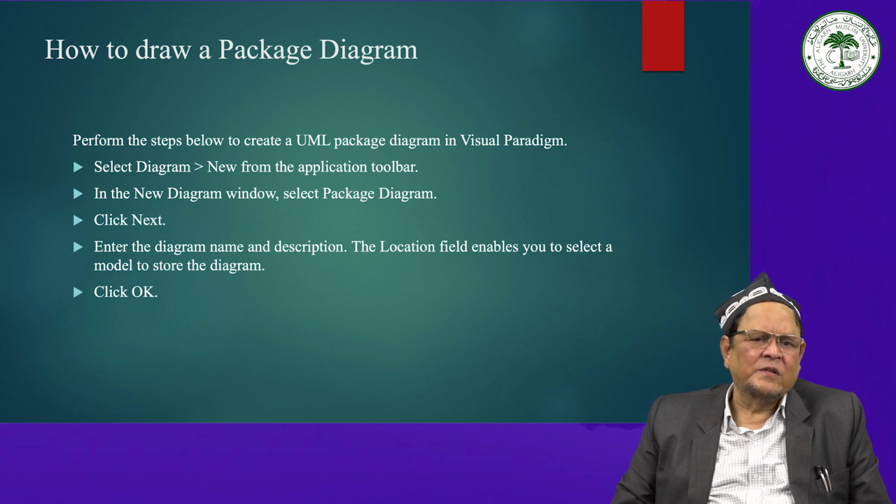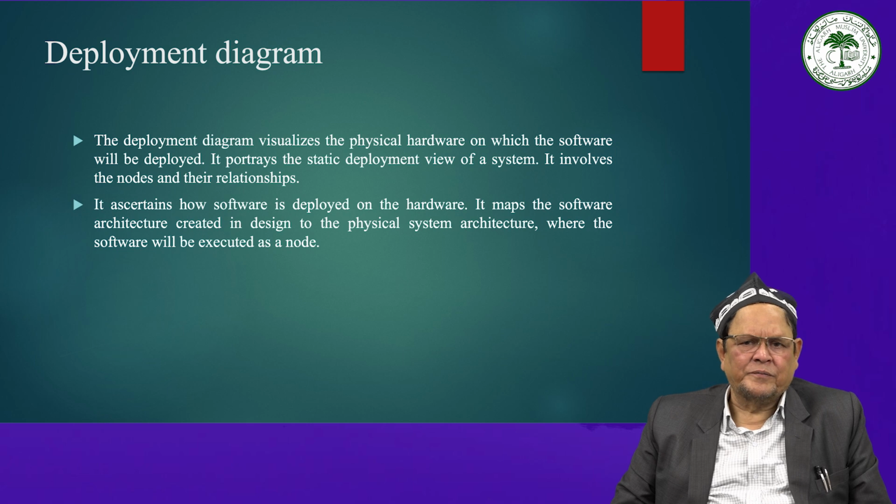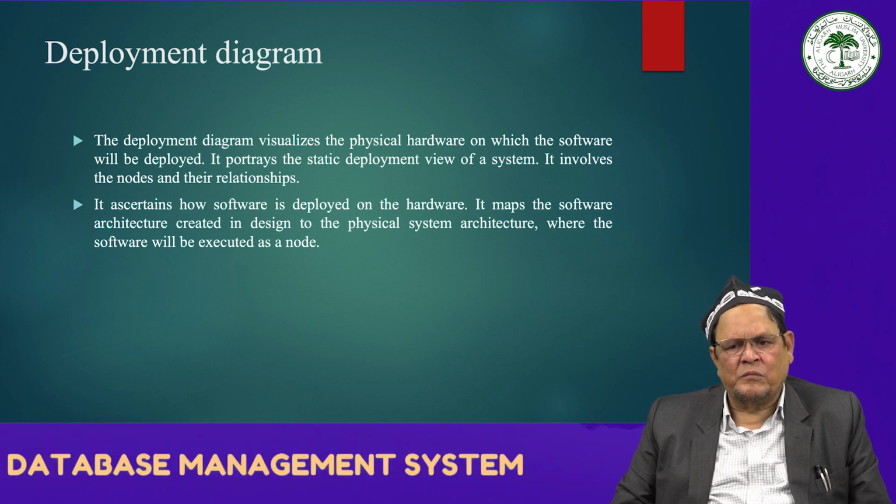Next is deployment diagram. The deployment diagram visualizes the physical hardware on which the software will be deployed. It portrays the static deployment view of a system. It involves the nodes and their relationships.